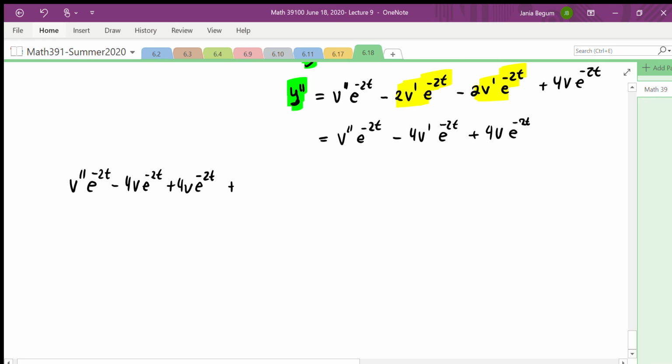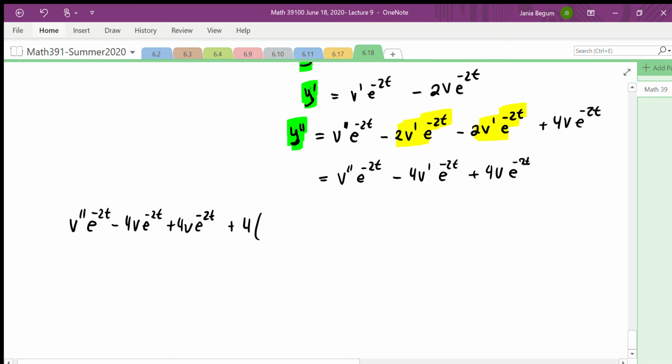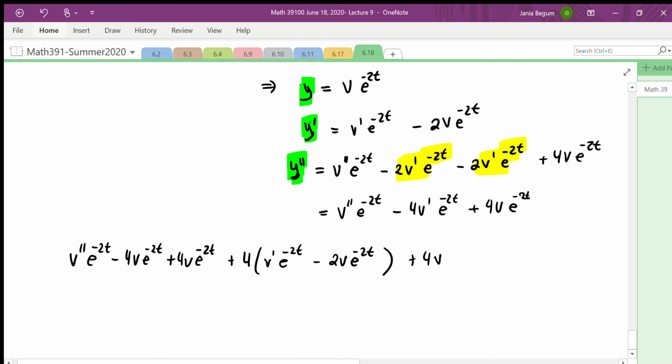Then plus 4 times y prime, and y prime is the expression from above: v prime e to the negative 2t minus 2v e to the negative 2t. Then plus 4 times y, and y is just the assumption we made, v e to the negative 2t. Everything equals 0.